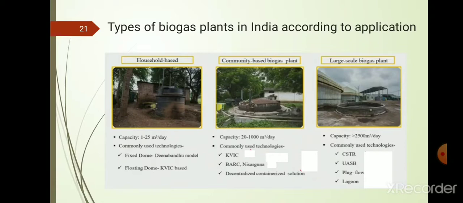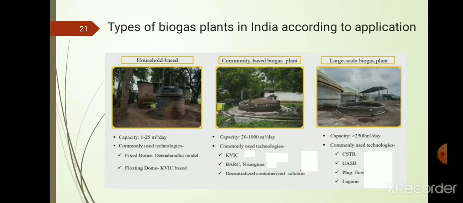For small scale digesters we mainly use the Deenbandhu model or KVIC model. The Deenbandhu model is the fixed dome type and the KVIC model is the floating dome type.